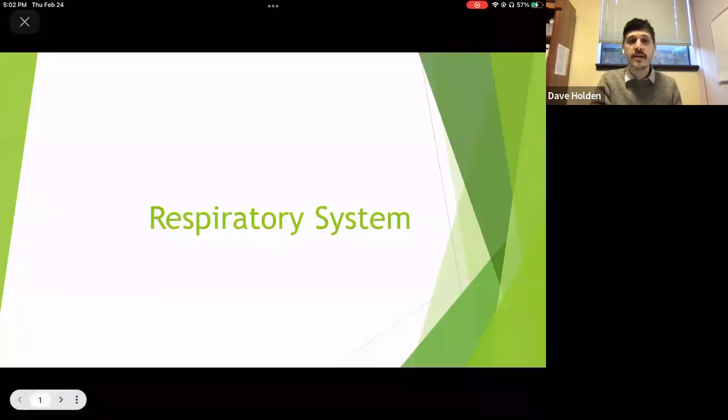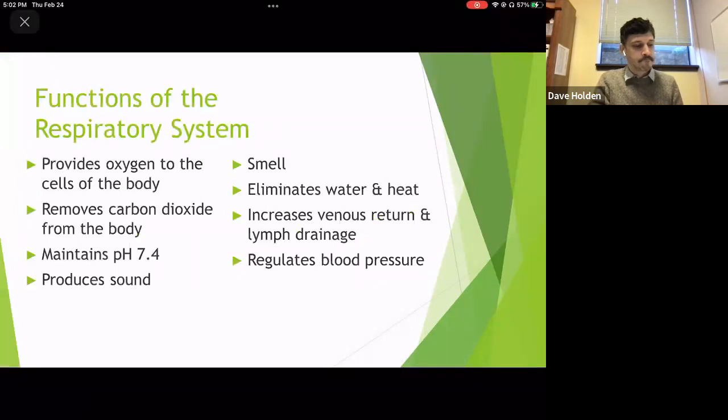So just to start out with, we'll look at functions of the respiratory system. The primary function is always going to be providing oxygen to the body. That's like objective number 1. That's the big thing. But also, we're not just adding oxygen into the blood. The lungs will also remove carbon dioxide.